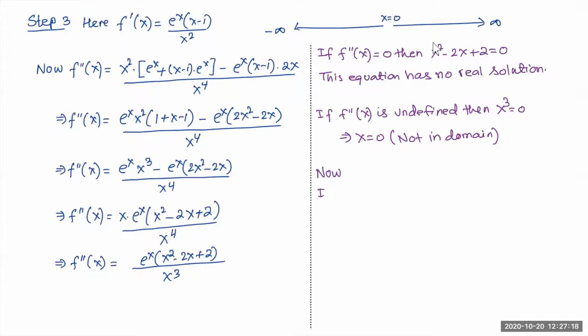Let's try to plug in any number from here. So when x equals -1, what will be the second derivative? If we plug in -1, this will be 1 over e to the -1, which is 1 over e, and then -1 squared is 1. 2 times -1, that's plus 2.